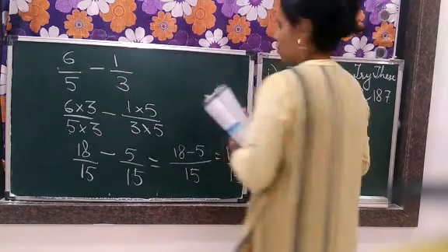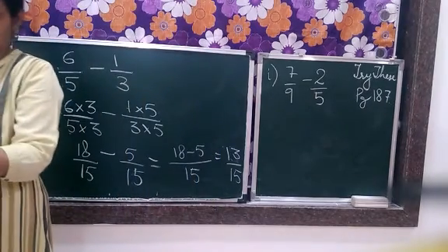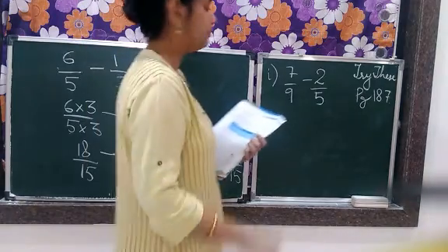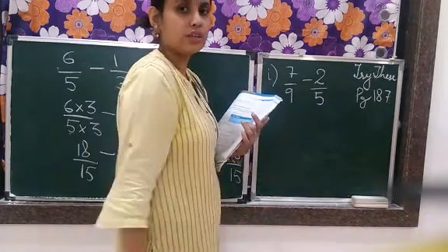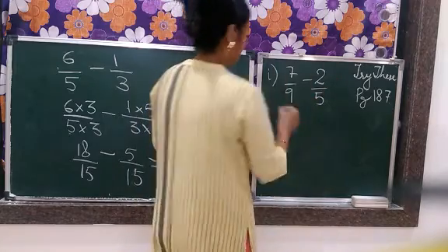This is the try these of page 187. You can see here denominators are not same, so we'll make the denominators same. How? 9 multiplies that side, 5 multiplies this side.